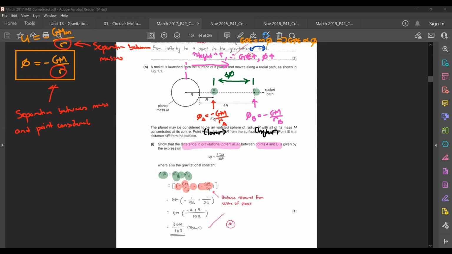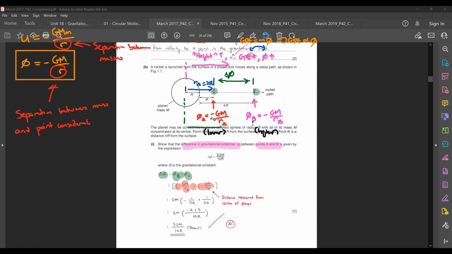Your RA is actually supposed to be from here to here. This one is your RA. So you see, it should be R plus R, giving you 2R. Then how about RB? RB should rightly be from the mass to the point that you're interested in again.